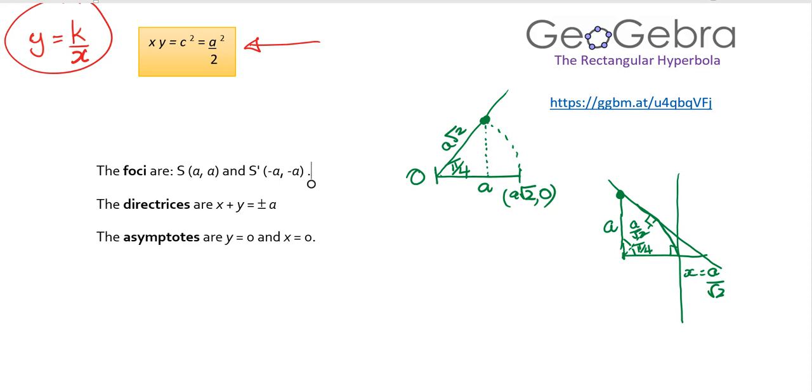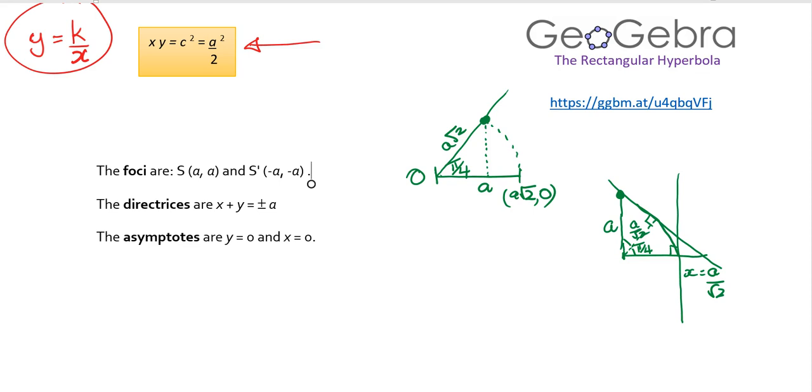That distance, a root 2, has to be the same distance, but the new value of x and of y is a and a, just because of Pythagoras.